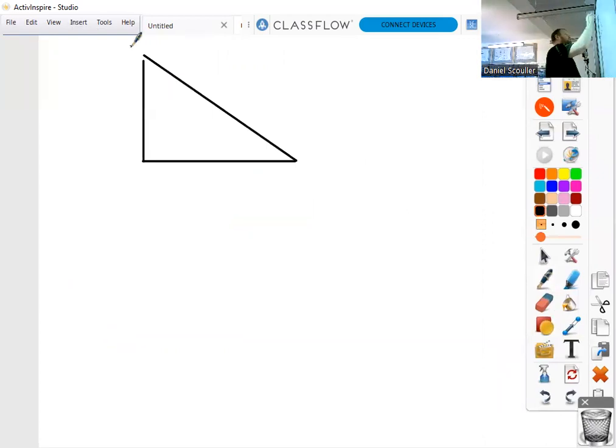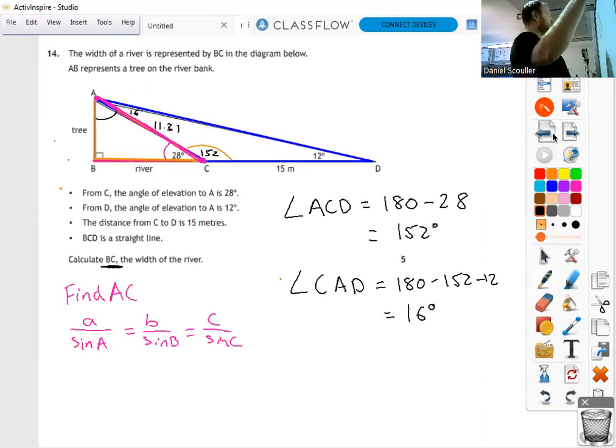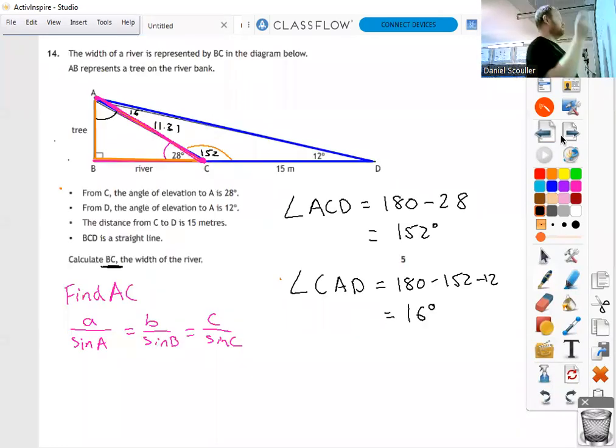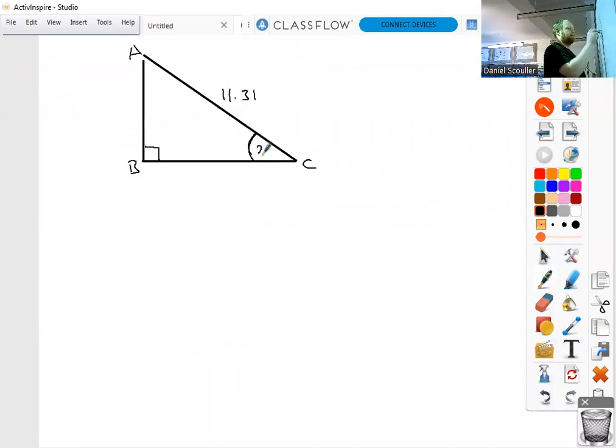And they have labeled the right angles there. That's 11.1. And we get given that angle, which is 28. Right angle triangle, where we've got the hypotenuse.